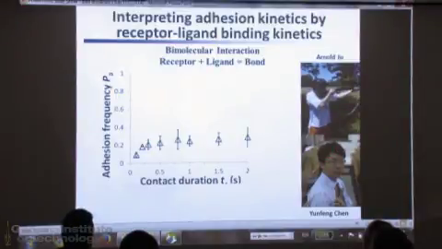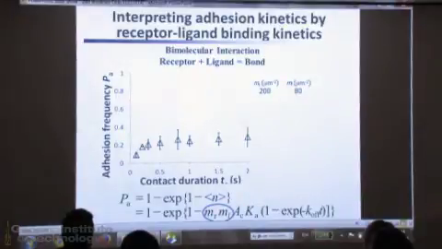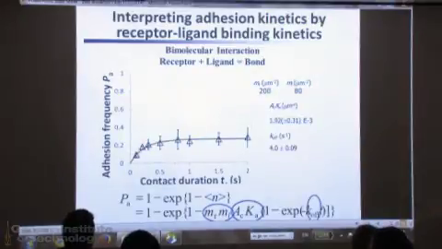Now, if you use a biomolecular interaction model, receptor plus a ligand forms a bond, that's the probabilistic version of the kinetic equation that we typically use to describe it, and then you fit it. There are two parameters there: how many molecules are on the platelet surface and on the bead surface, which you can measure. Then you fit it with this equation, that's the curve fit, and you generate two things. One is the affinity, the other is the off rate. So you can do this calculation.